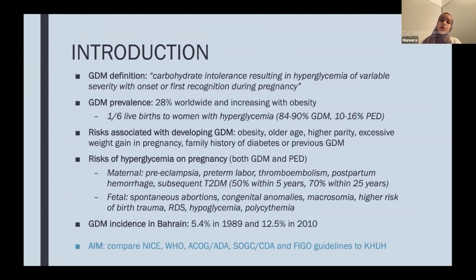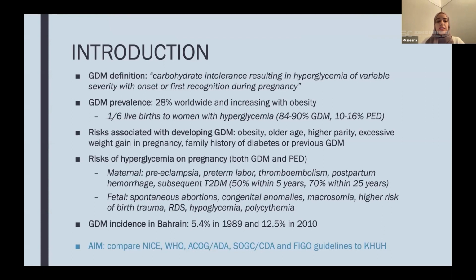Hyperglycemia in pregnancy, whether it is GDM or pre-existing diabetes, they both have maternal and fetal effects. Such maternal effects include preeclampsia, premature labor, and developing type 2 diabetes postnatally. The fetus might have or develop congenital anomalies, might have macrosomia or polycythemia.